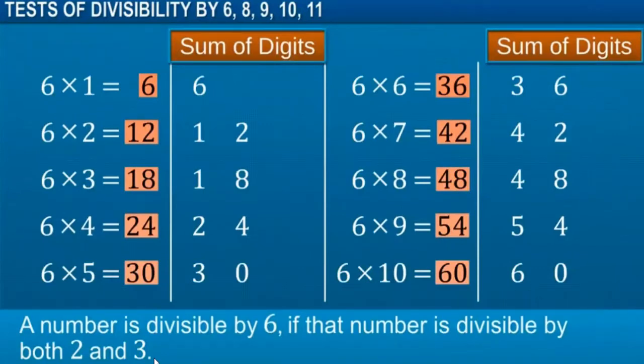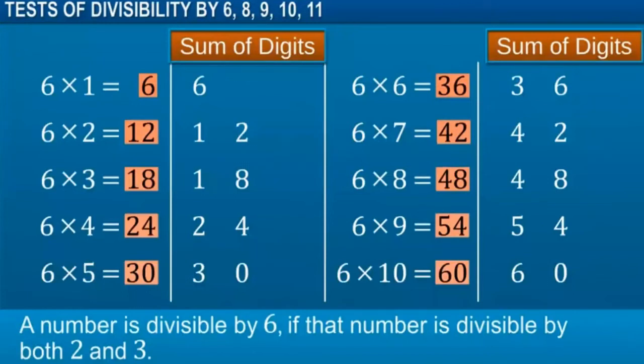So we are making the condition that a number is divisible by 6 only if it is divisible by both 2 and 3. ഓക്കെ, so you can just write down this: a number is divisible by 6 if the number is divisible by both 2 and 3.